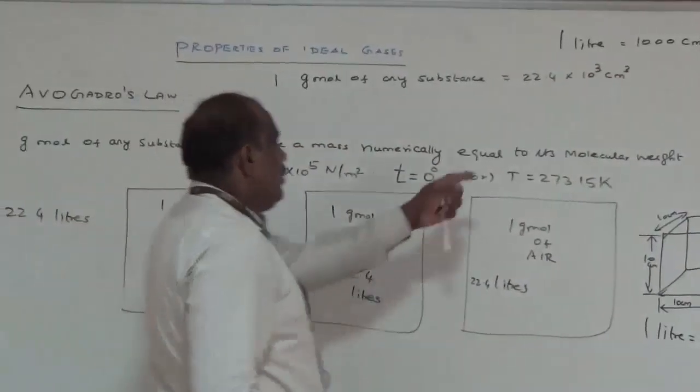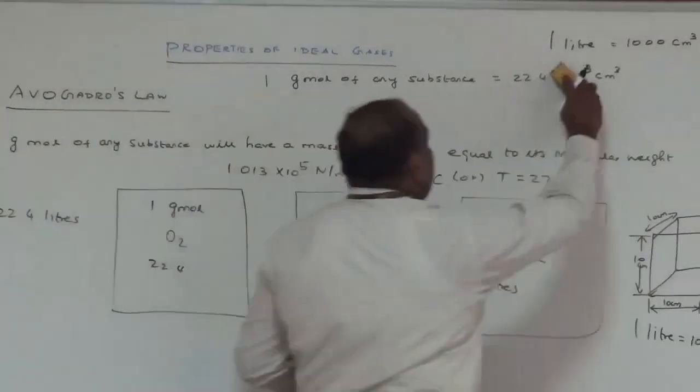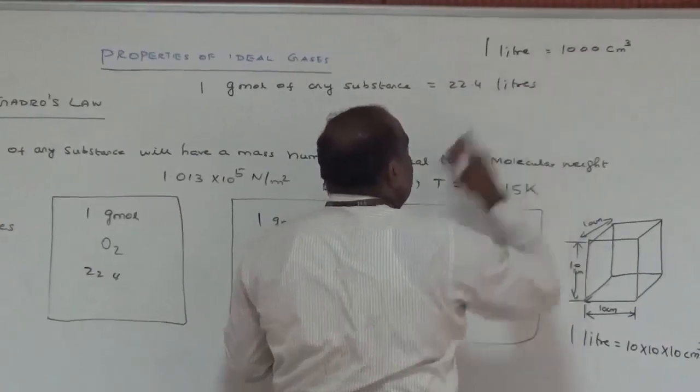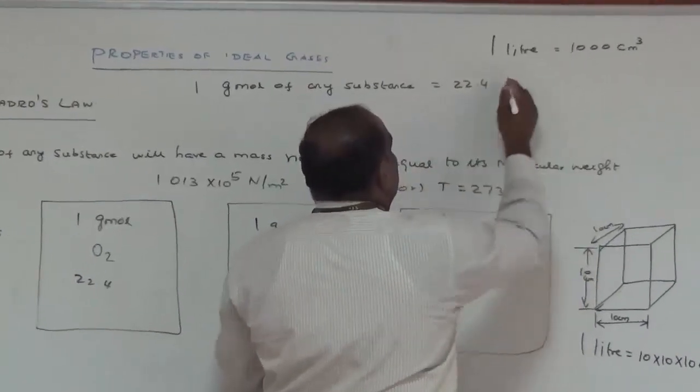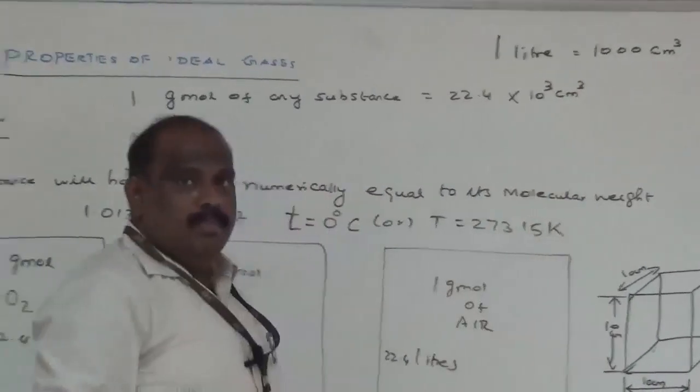I hope you can understand. So it's 22.4 liters, but we know 1 liter equals 10 power 3 centimeter cube, so I can replace this with 10 power 3 centimeter cube.